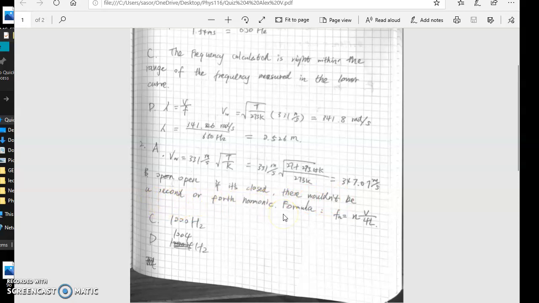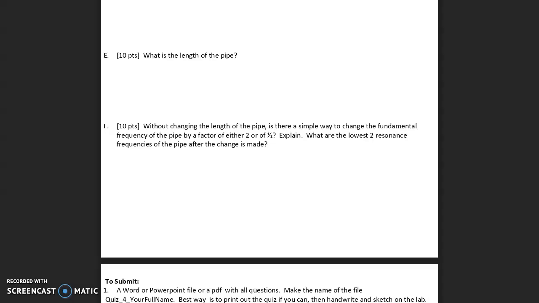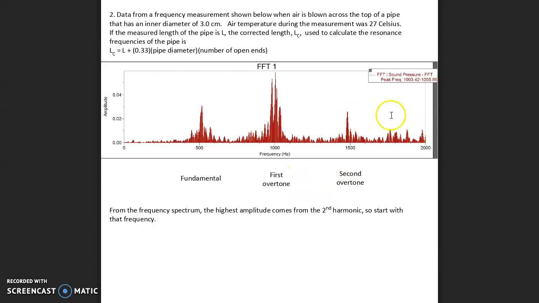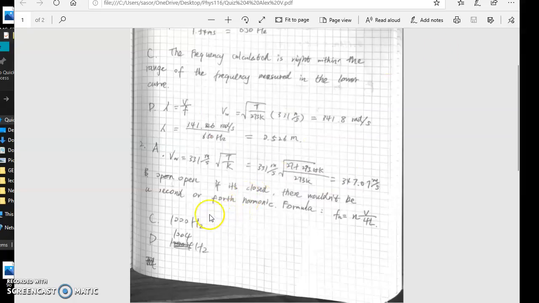Well, because the formula for an open-closed pipe is Fn equals n times v over 4L, and n can only be odd integers 1, 3, 5, etc. So according to this graph here, there are second and fourth harmonics, so it wouldn't have been an open-closed pipe.